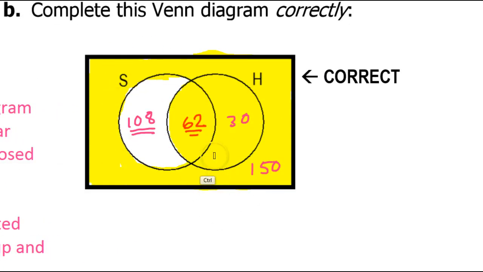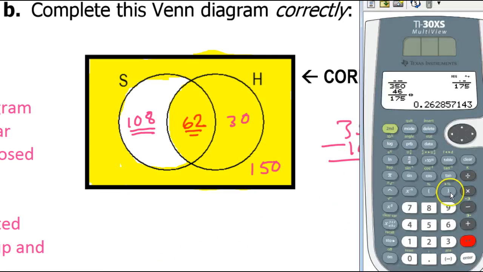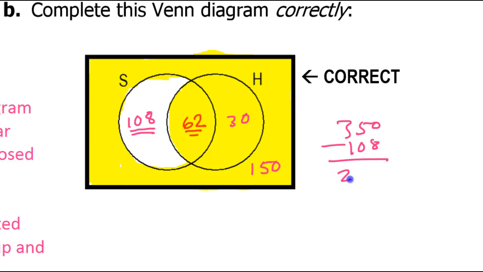This is all the students who either don't like Star Wars or like The Hobbit. As you can see, it's everyone except for 108. So the quickest thing to do would be 350 minus 108, because it's everything except for the 108. That's 242.